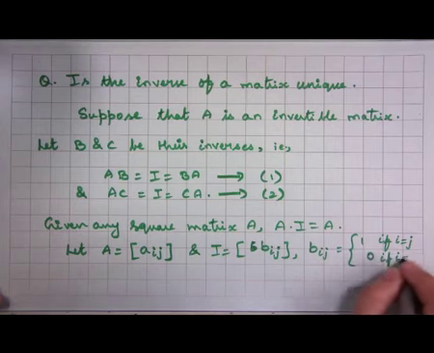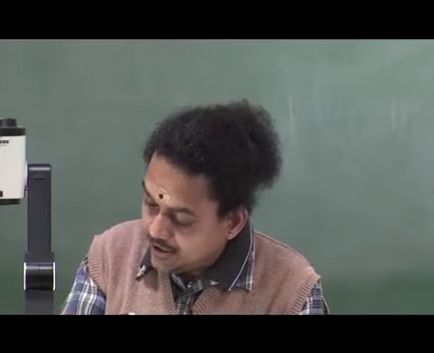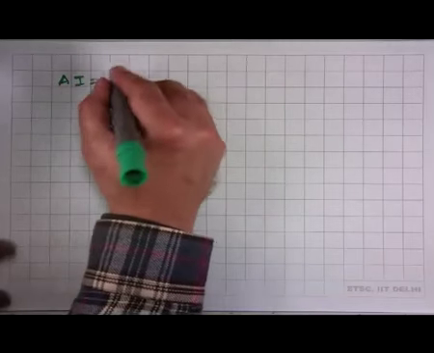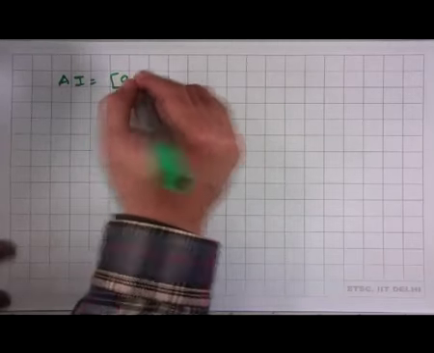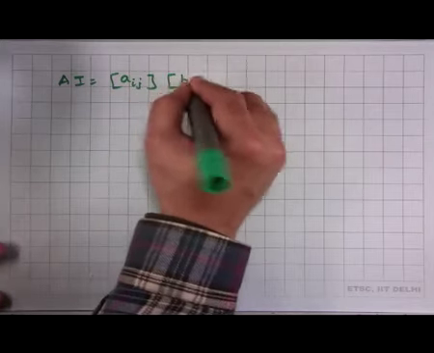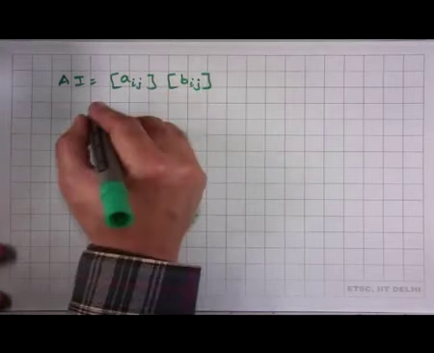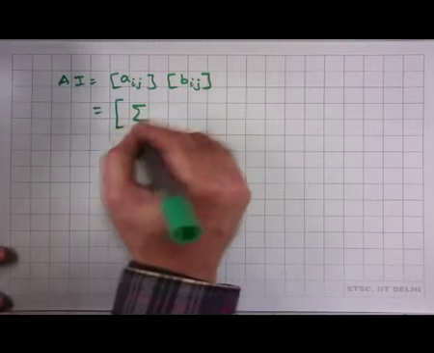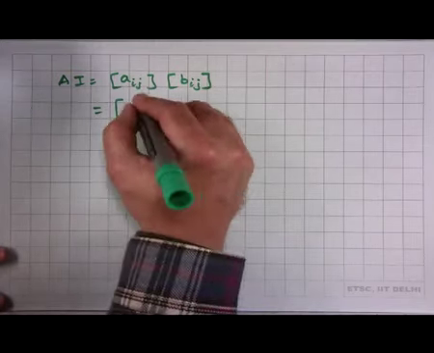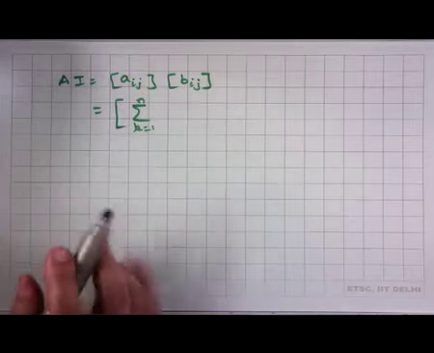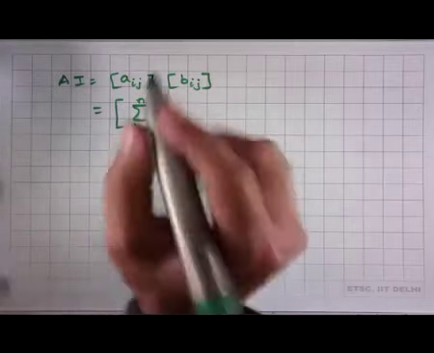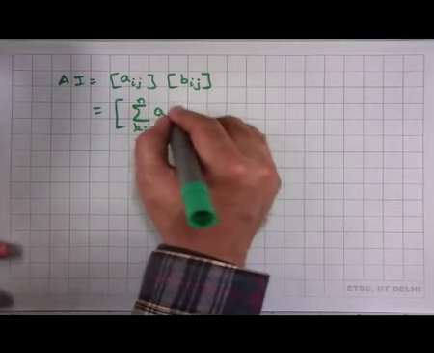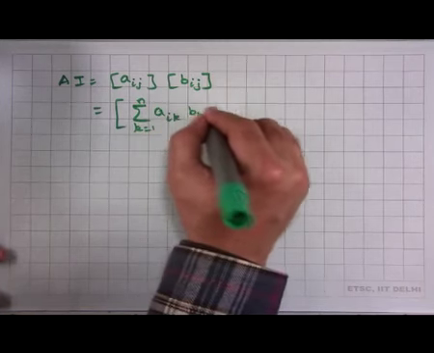Now let us multiply A and I. By the definition of matrix multiplication, A times I is the summation, k running from 1 to n, of Aik Bkj. Let us assume that the matrix A is an n by n matrix.